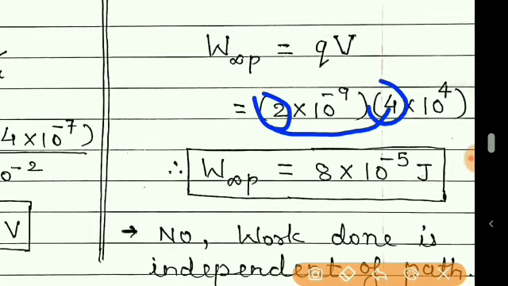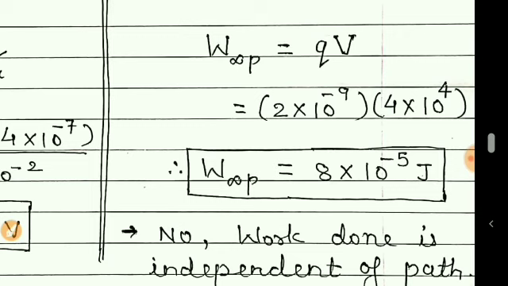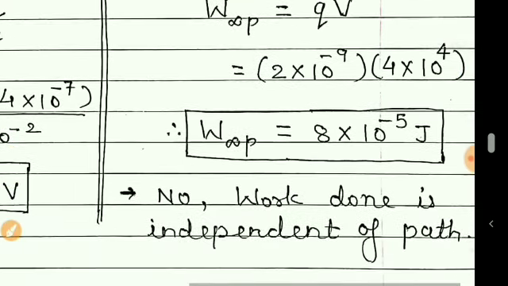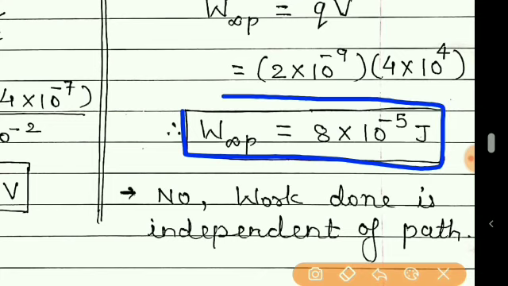So multiplying 4 into 2 we get 8, and now power of 10, here it is minus 9 and here it is 4. So minus 9 and plus 4 is minus 5. So finally the work done is obtained to be 8 into 10 raised to minus 5 joule.